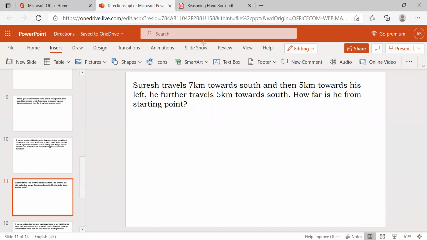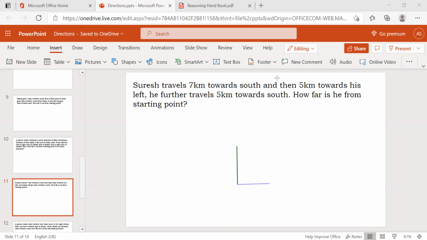What is he doing? Suresh traveled 7 kilometers towards south, like this. 7 kilometers. Okay, south. Then 5 kilometers towards his left. Which one is left? The left is, sorry, this one, right? 5 kilometers.